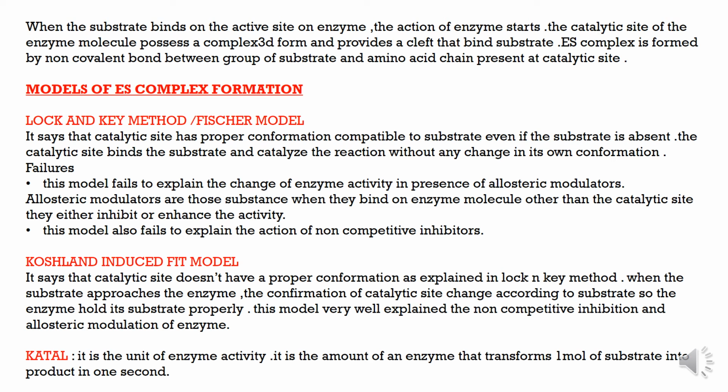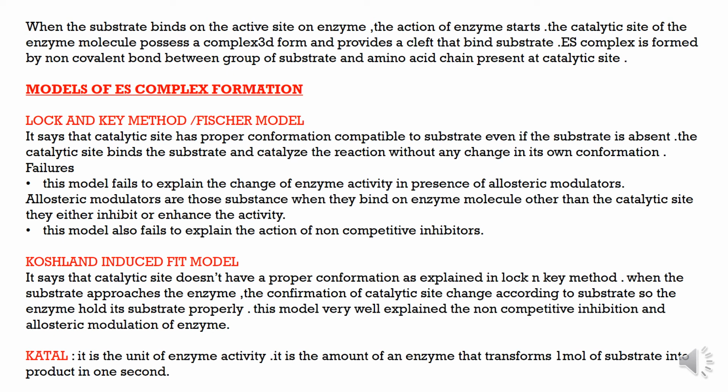Koshland induced fit model. It says the catalytic site doesn't have a proper conformation as explained in the lock and key model. When substrate approaches the enzyme, the conformation of the catalytic site changes according to the substrate so that the enzyme holds its substrate properly. This model very well explains non-competitive inhibition and allosteric modulation of enzyme. Katal is the unit of enzyme activity.